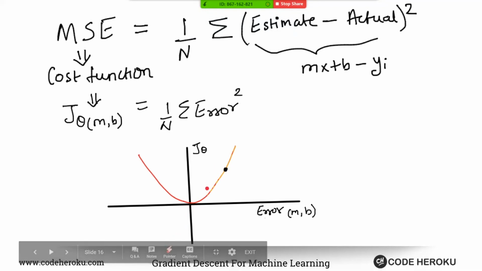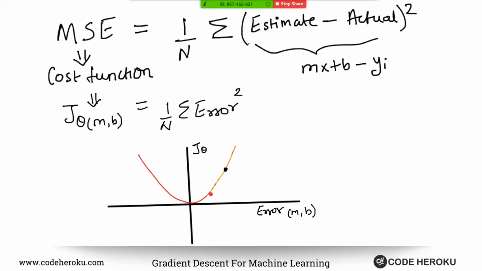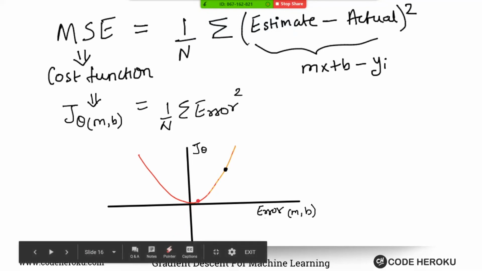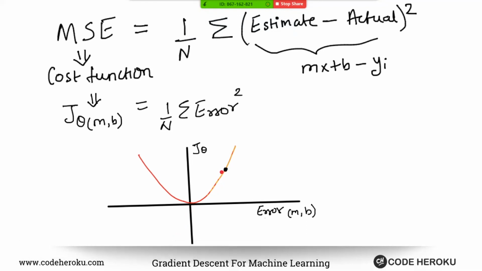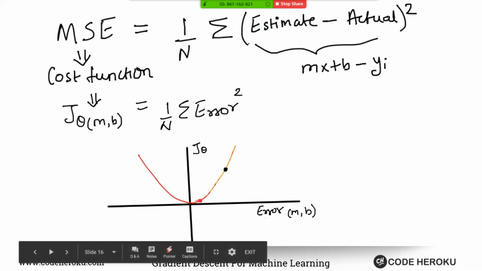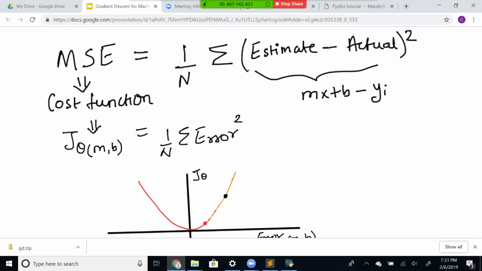So we are somewhere over here now. There is some error, but definitely less than what we had before. So how do we go one more step? Well, what we could do is apply the same algorithm multiple times. If we do the same thing multiple times, we should eventually arrive at this minima.